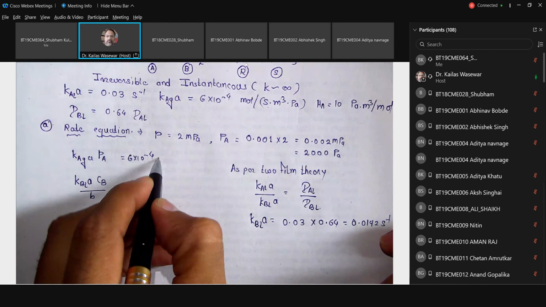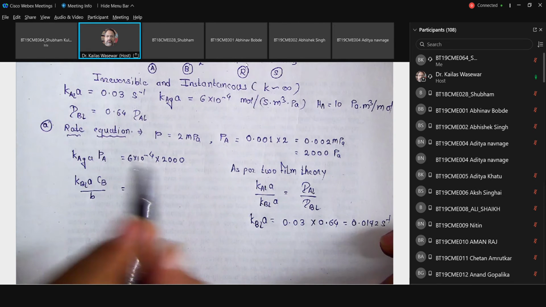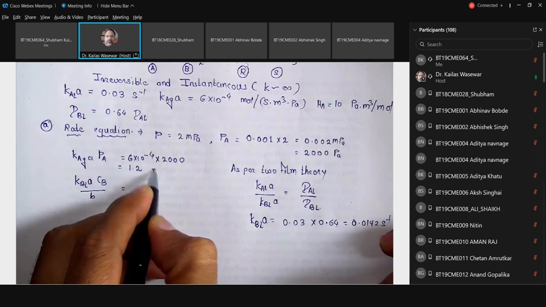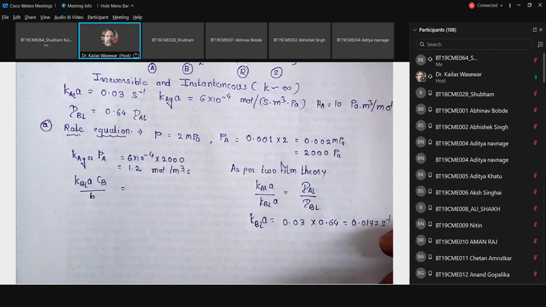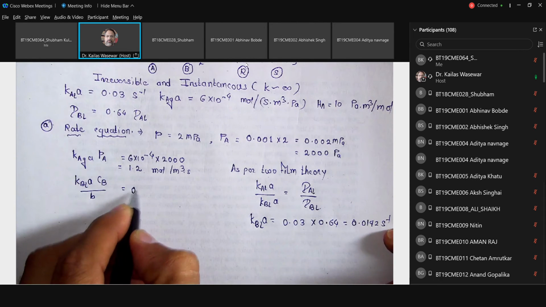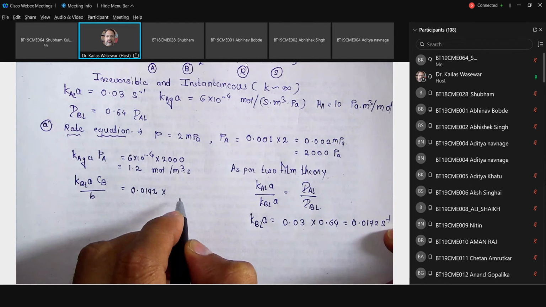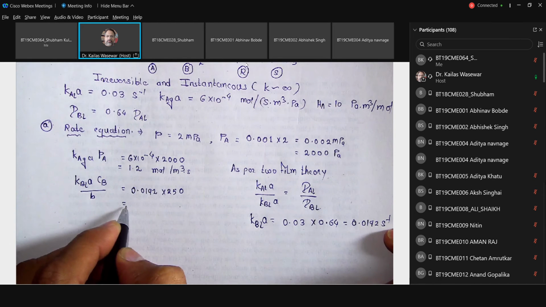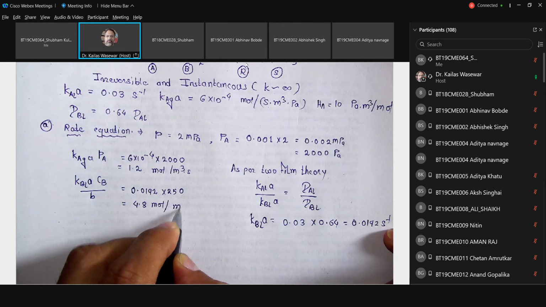So into 2000. Is it? So I think this will become 1.2. Write down the unit, mole per meter cube second. For this one, B value is the one. So this will become 0.0192 into CB. CB is what? 250. So this value will become 4.8 mole per meter cube second.